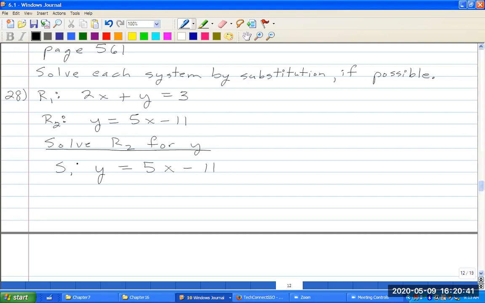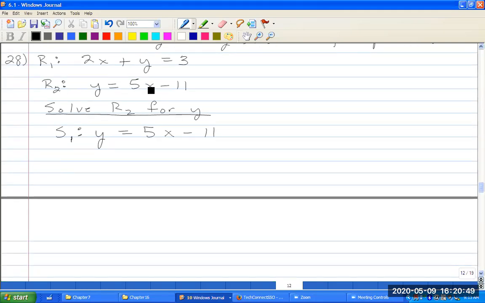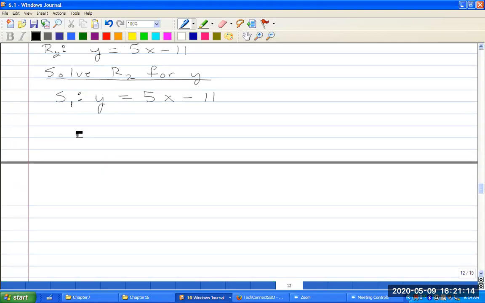Let's call this equation S1. Once you have solved for one variable in one equation, you then plug it into the other equation. If you've used R2, you must plug your solved variable into R1. And so I'll substitute for y in R1 using S1.